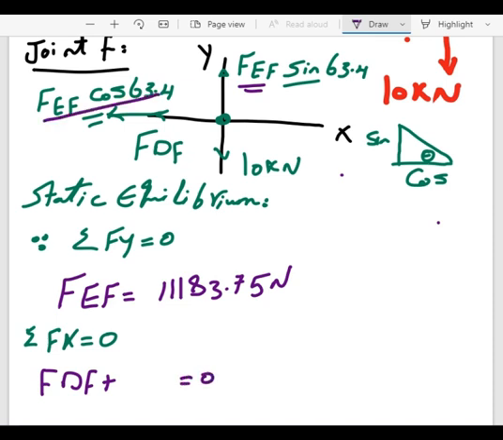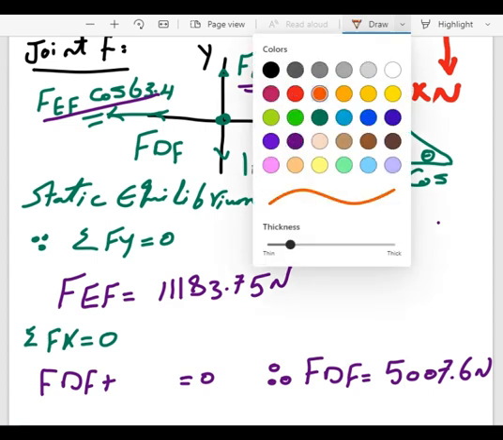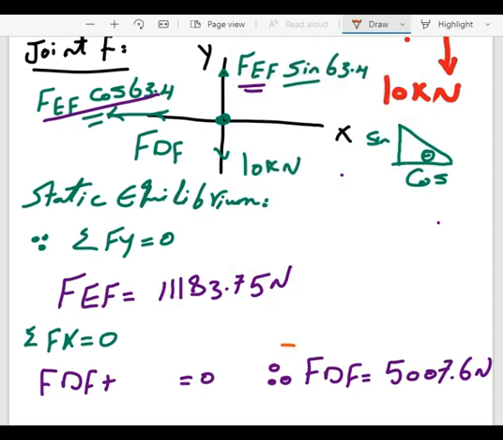We already have force in the EF direction, so therefore force DF will be equal to 5000 7.6 Newton. Alright, so we got our values, force DF and force EF.